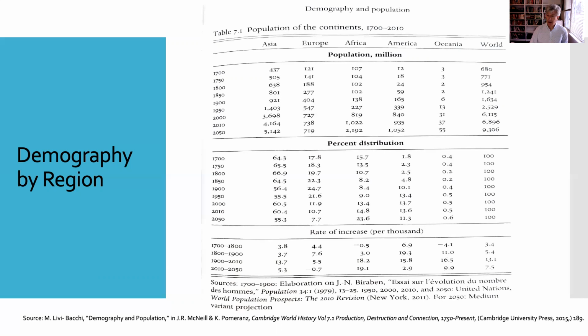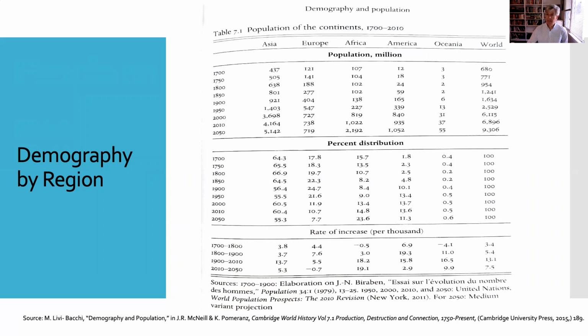But as we can see, it shrinks from a height at the turn of the 20th century to nearly halved by the turn of this century, and further declines into the 21st century. And looking at the Americas, fewer than 2% of the global population in 1700 to as high as almost 14% by the 1950s, and again fueled by immigration, but also fueled by what we're going to call natural increase.